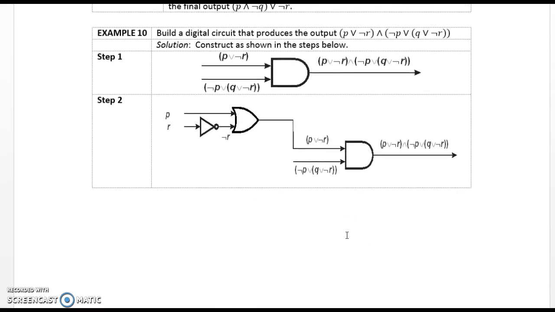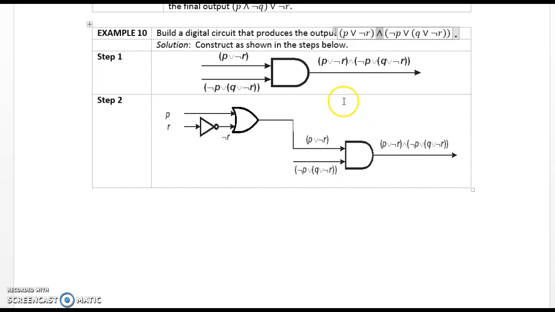Example 10. Build a circuit that produces the output P and not R, P, the quantity P or not R, and the quantity not P or the quantity Q or not R. Step 1. Create the AND gate where we're taking the major AND between the two quantities.